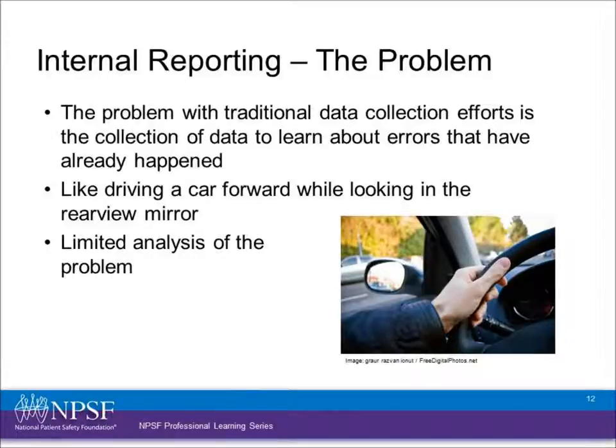Similarly, if we're looking at it from a quality standpoint, we might be looking at whether evidence-based practice was followed, but fail to appreciate some of the system problems that might have prevented evidence-based practice from being followed consistently. So by always using data describing things that have already happened and then using it for a specific purpose, we not only are closing the barn door after the horse has already left, but we're often creating a much more limited analysis of the problem.